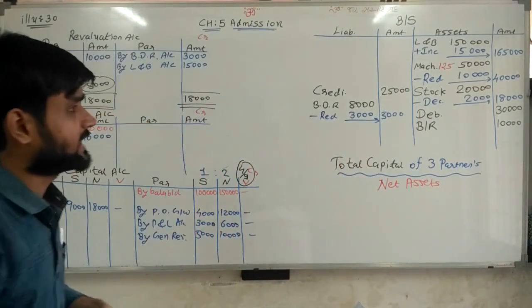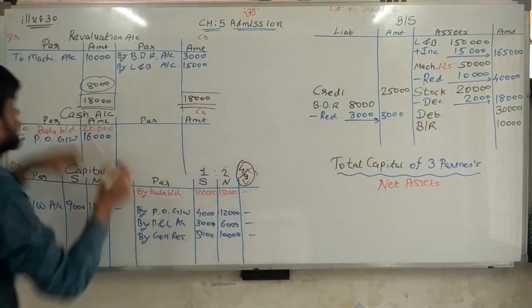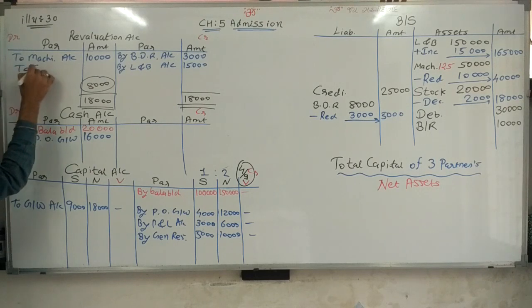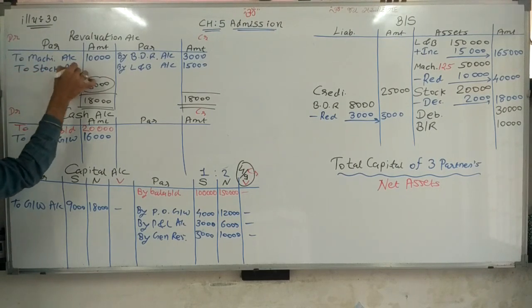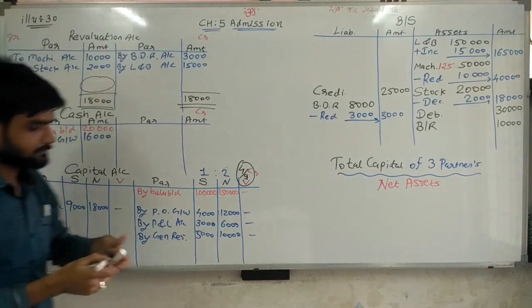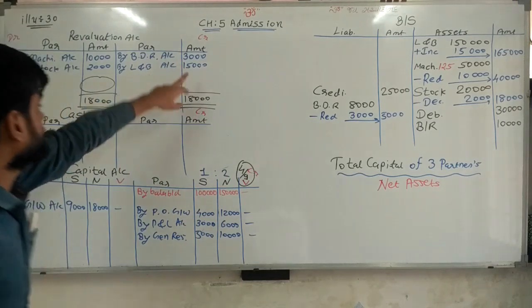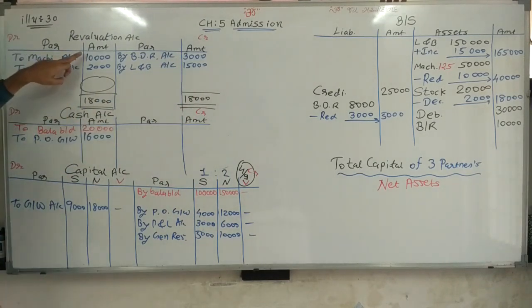Here one thing is not written: stock decrease 2,000. So the stock value decreases, and 2,000 is deducted. So 18 minus 10 is 8, minus 2 is 6,000.